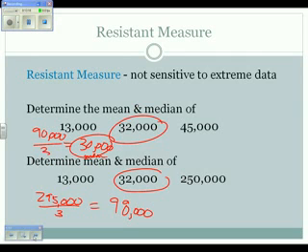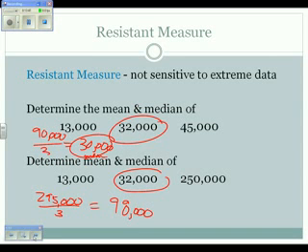So it's not always going to be the case that the median will stay the same, but oftentimes the median will stay the same if you've only changed 1 or 2 data values. So you can have extreme data and the median's not going to be affected, or not going to be nearly as affected as the mean. But the mean was drastically affected by this one very extreme data value.